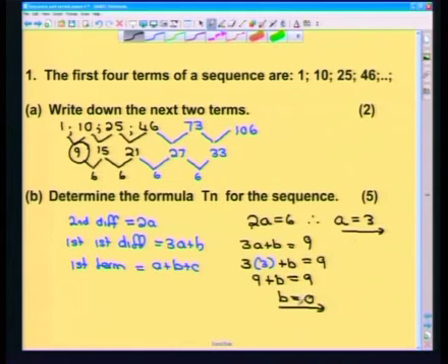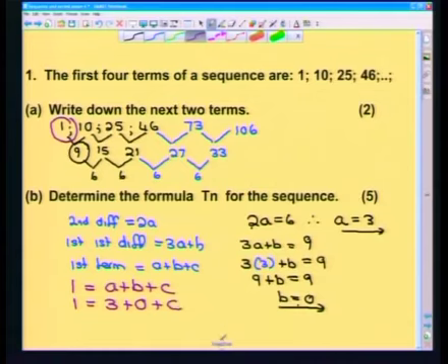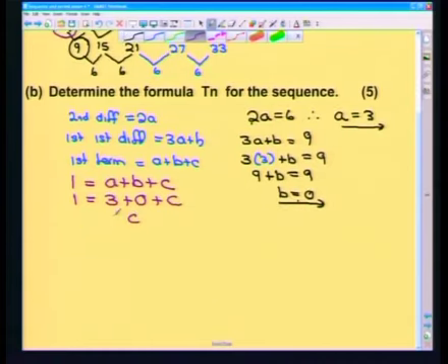So I've got a, I've got b, and the last remaining thing is to find my first term. Now what do I know? I know that my first term is 1. So I'm going to say 1 equals a plus b plus c. Now, I know that a worked out to be 3, b worked out to be 0, and I've got my c. So if I want to work that out, c is equal to minus 2.